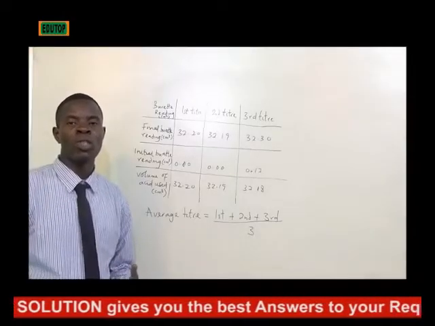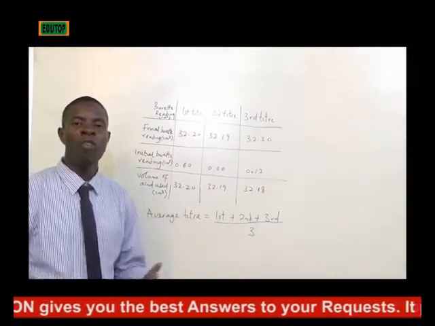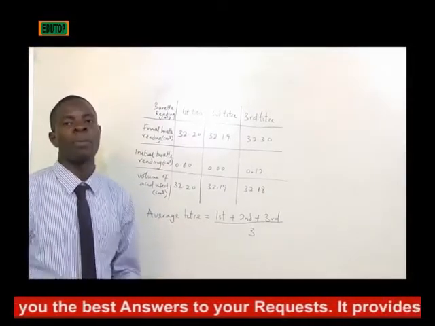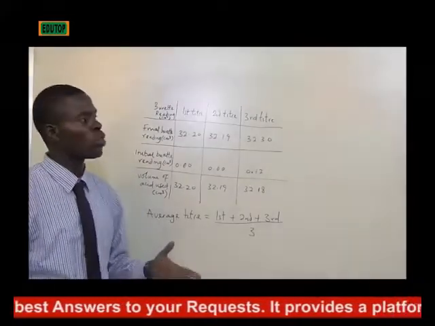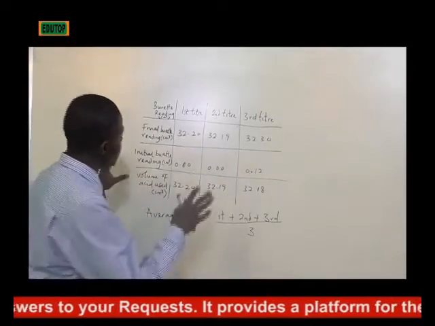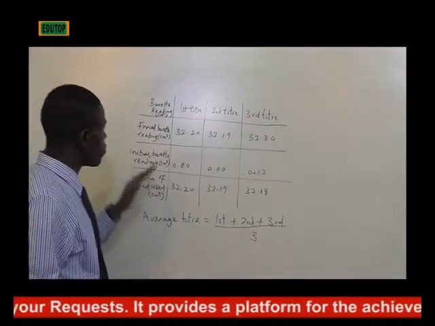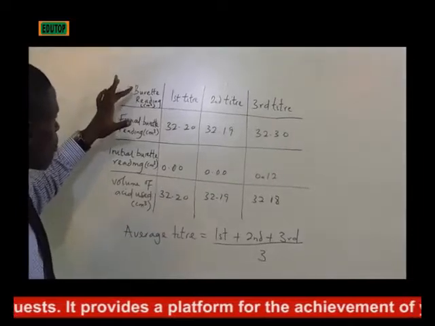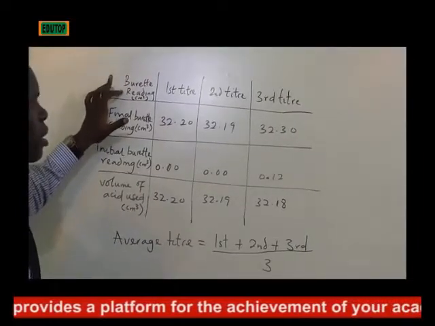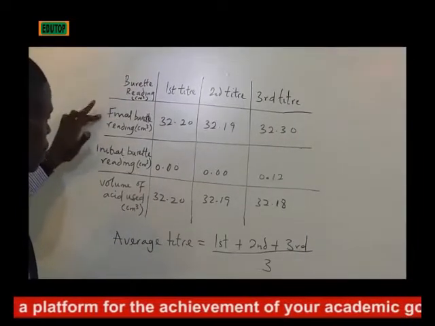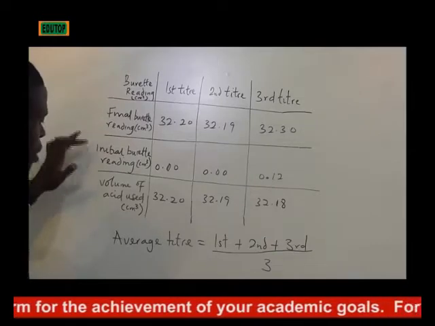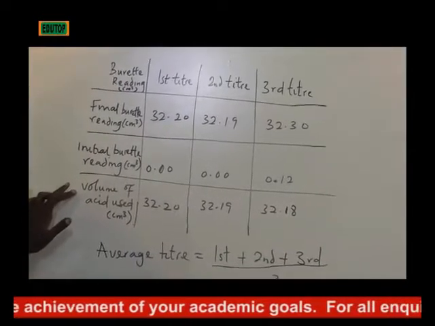With respect to the previous volumetric analysis setup, it can be deduced that this table is applicable, where you have your final burette reading, initial burette reading, and volume of acid used.